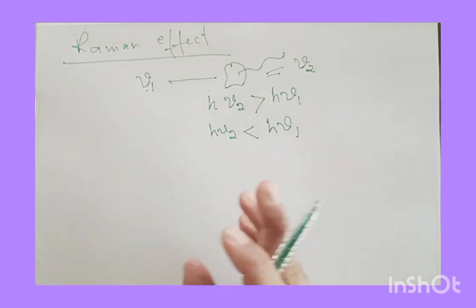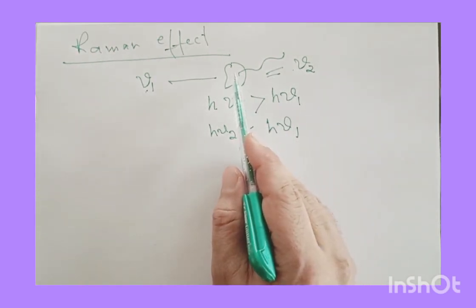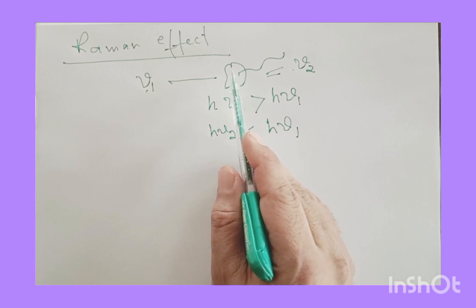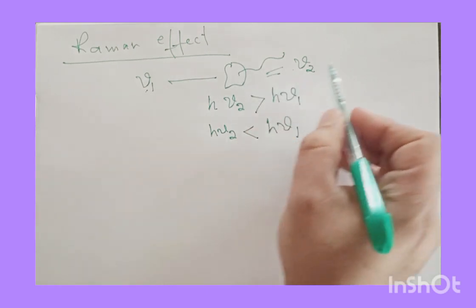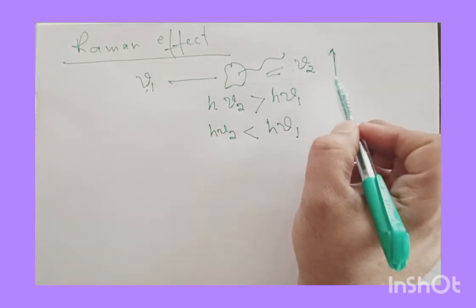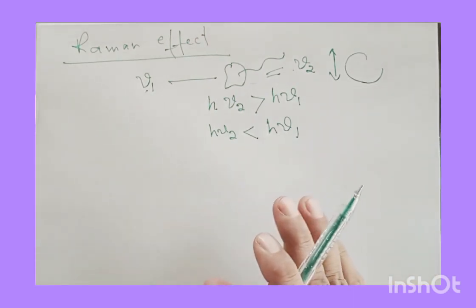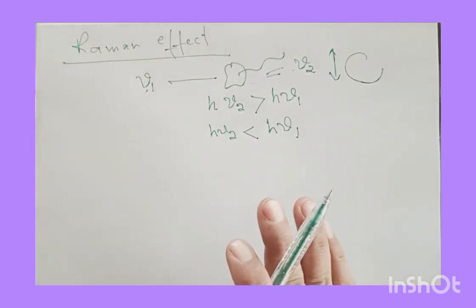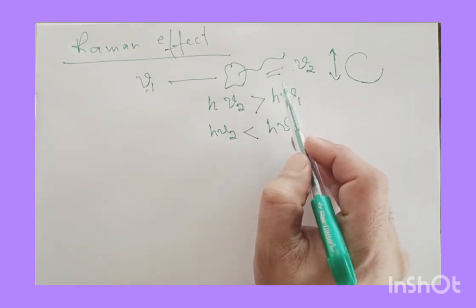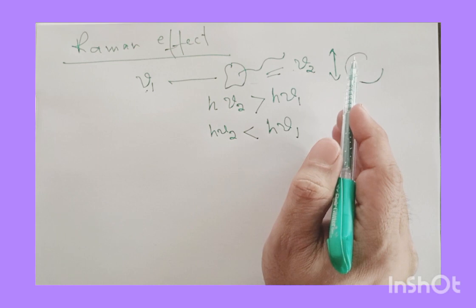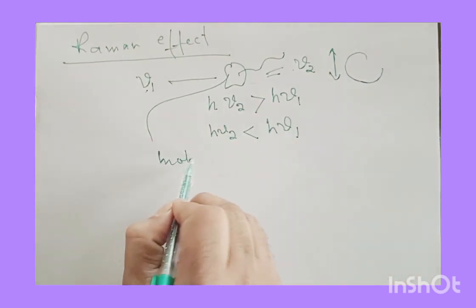As a result, the state of the molecule undergoes a change, in particular the vibrational or rotational state of this molecule. And what we have is the scattering of light by this molecule.